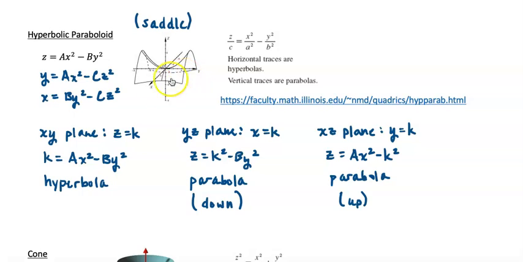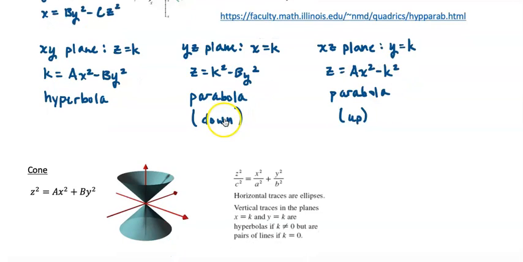We can see this hyperbola here and here, this horizontal hyperbola. We can see the parabola facing downward, and we can also see this parabola facing upward. All right, so this is our hyperbolic paraboloid.